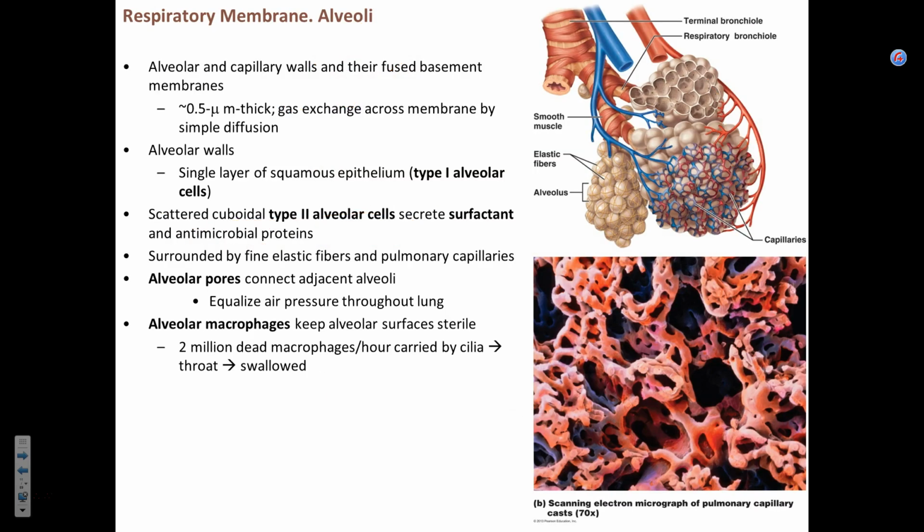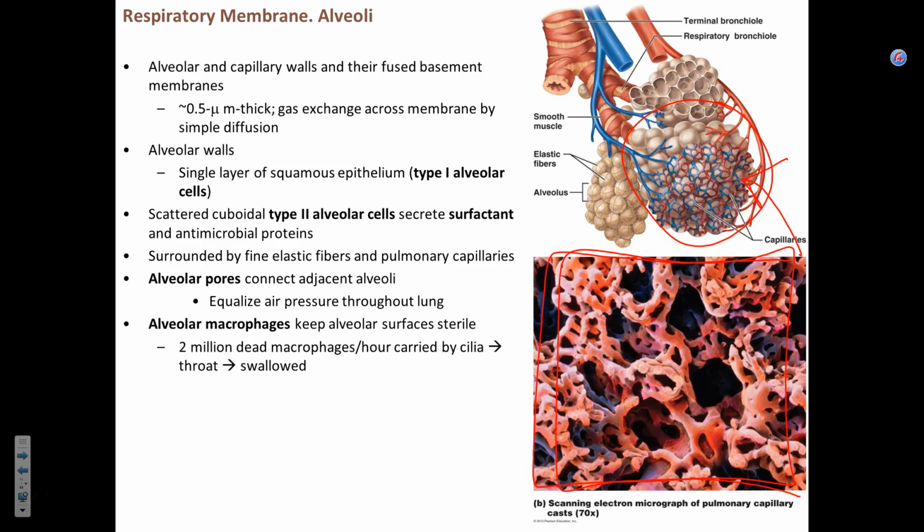Now, if you would look at each alveolar sac, you will see that on the outside wall of the alveoli, there's a lot of capillaries. Pulmonary capillaries. You can see that network here. Basically, it's like a network of capillaries without the alveoli.